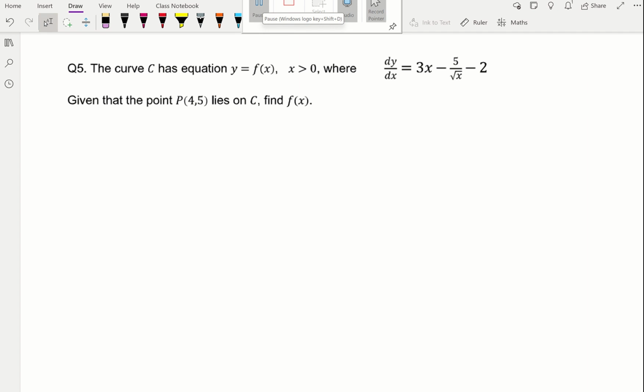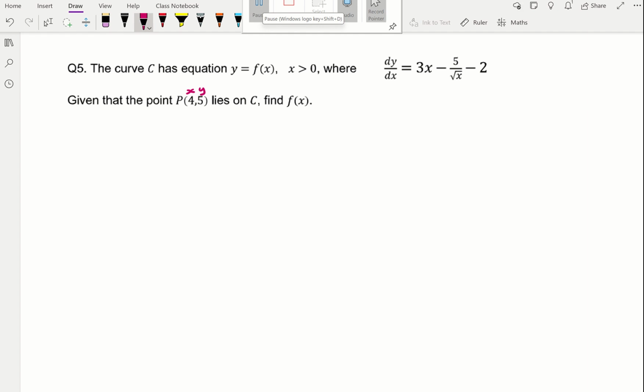And question 5 says the curve C has equation y equals f of x, x is bigger than 0, where dy over dx is 3x minus 5 over root x minus 2, given that the point P (4, 5), so again this is x and this is y, lies on the curve, find f of x.